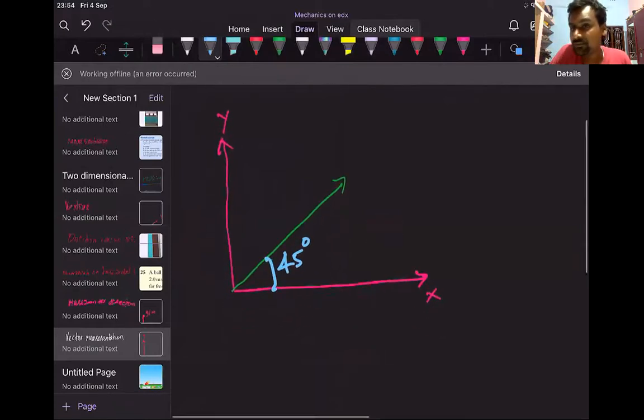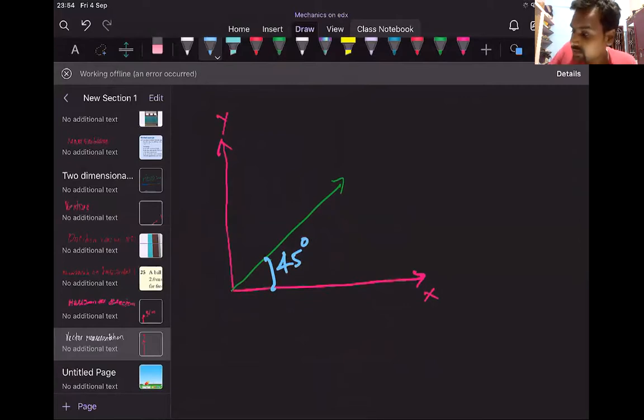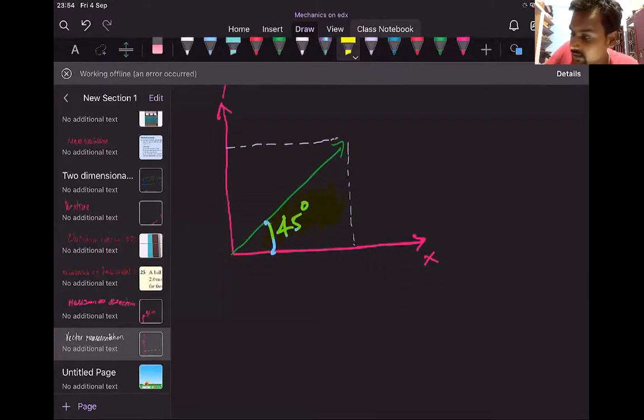Let's see what we can do now. What I can do is complete this rectangle here, correct? If I do that, you would realize that I have a right angle triangle here. This region is a right angle triangle, correct? Now all I need is the length of this.